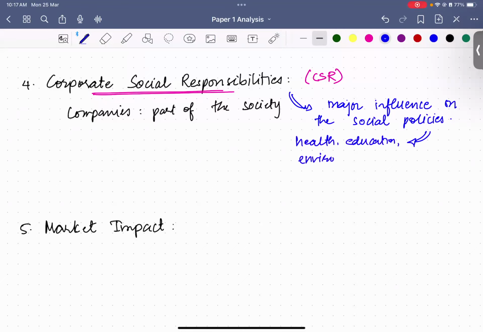So what is the solution to this? Interest groups. Social media. Awareness campaigns. So this is how the people want to be.